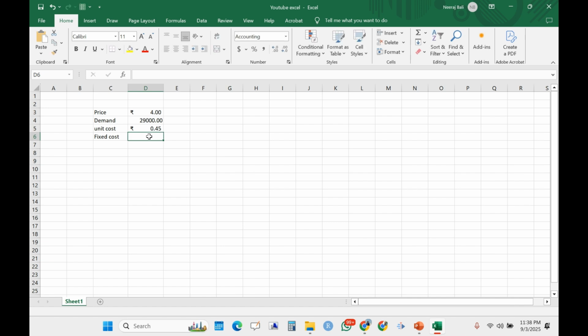It is fixed, does not change by change in production. Like land and machine, these are examples of fixed cost. It is not variable. It does not vary with production. It remains fixed, like machine cost, land cost. So let us assume fixed cost to be 45,000 rupees.